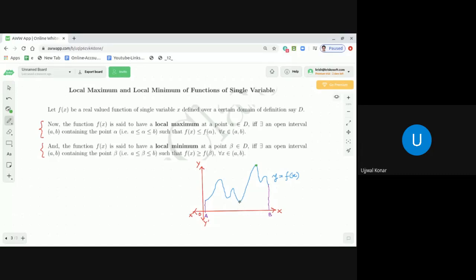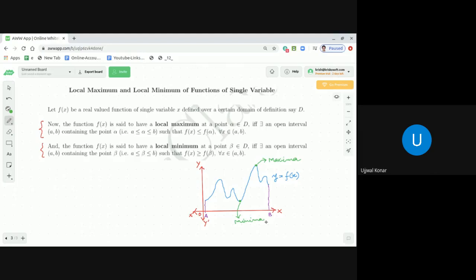The absolute minima is this point, correct, dear students? So these two points, which I marked in green color, are the absolute maxima and absolute minima, and that is what is called the maximum or absolute maximum, and this is called the minima or absolute minimum.